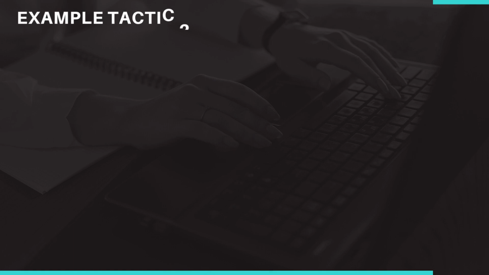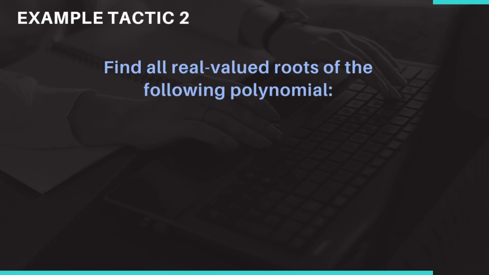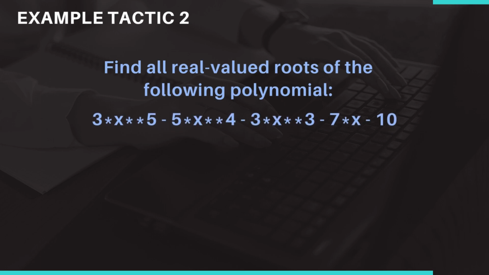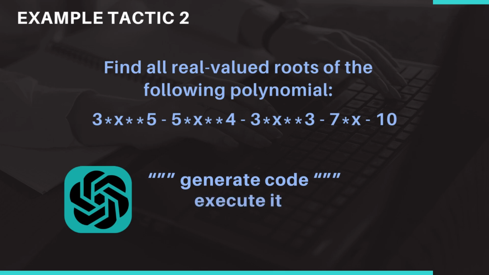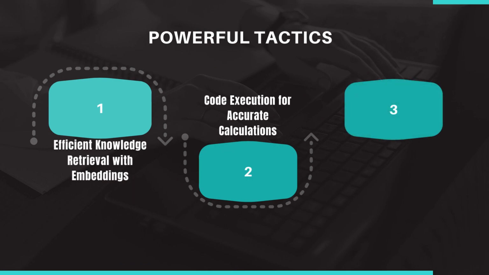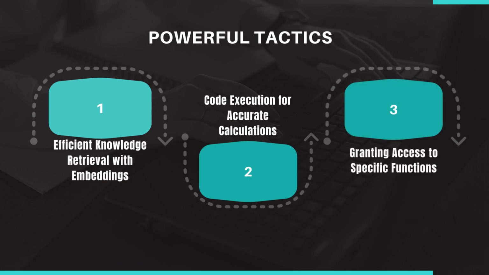Example: here users say, find all real value roots of the following polynomial. The model generates the code in triple backticks, executes it, and you will get an accurate result without relying on the model's math skills.